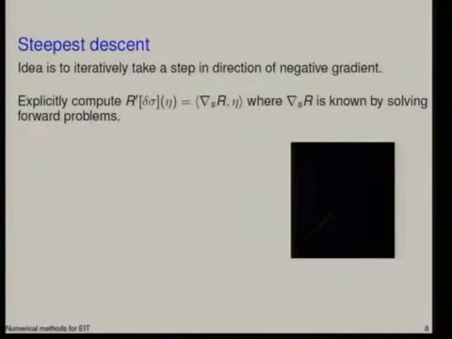This is the direction of the steepest descent. Well, actually steepest growth. This is the gradient direction. I will not really go into details, because we did already some calculations on that on Wednesday, but this can be computed by solving forward problems.